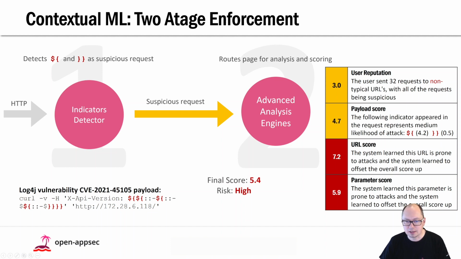So based on this, a final score of 5.4 is calculated, leading to a risk assignment of high. And because it's high risk, the request is actually being blocked.